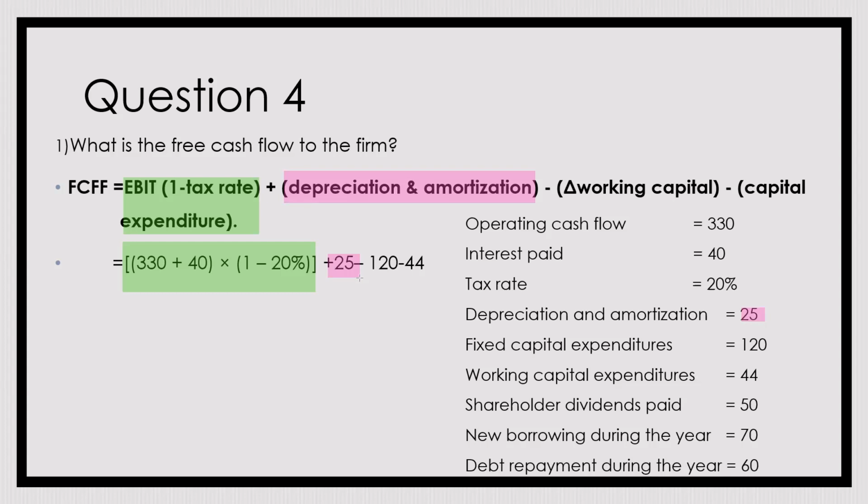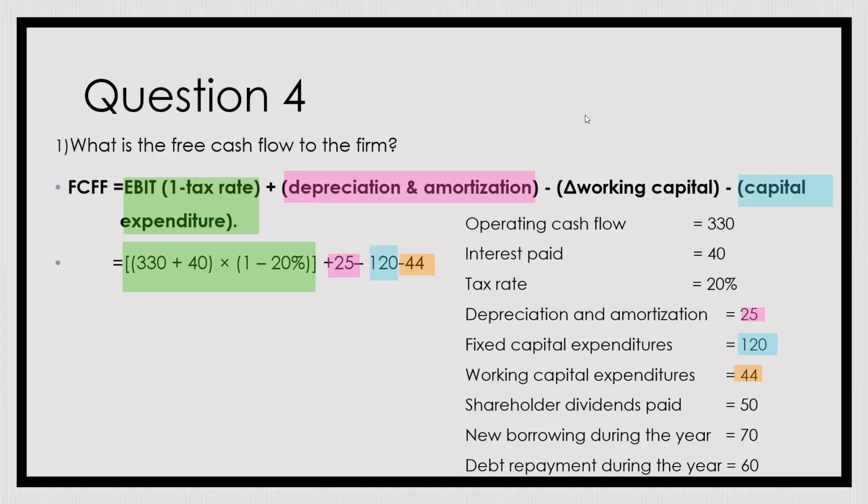And here they say that the change in working capital is 44. So we have to deduct that change in working capital. At the same time, we have to deduct the capital expenditure as well. So the capital expenditure here is 120. So we have to deduct that figure as well.